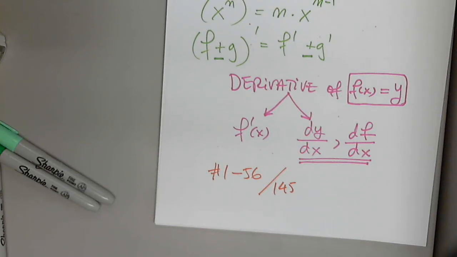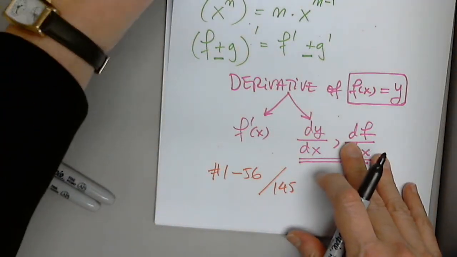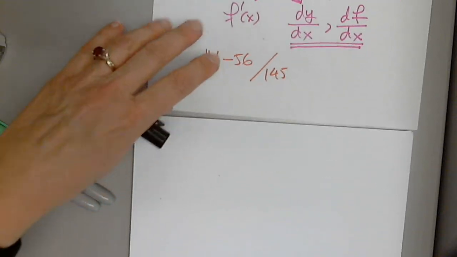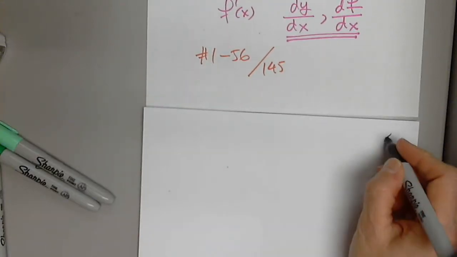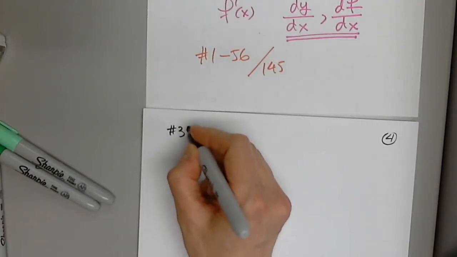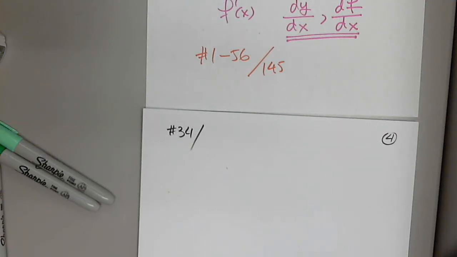Do I get to choose first then? Okay, so let's say I'll start with 34, on page 145.